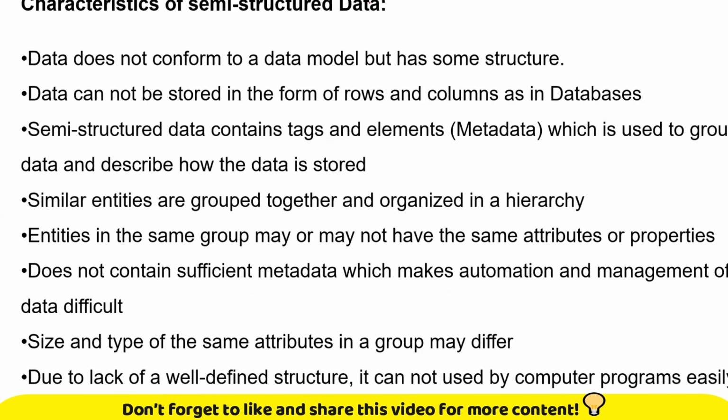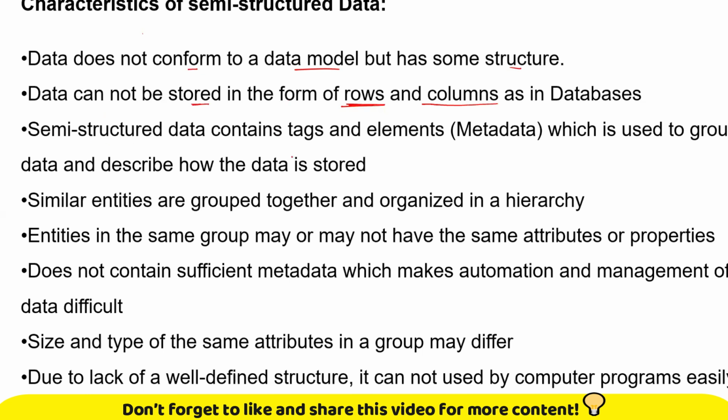Now, the characteristics of semi-structured data. The data doesn't conform to a data model, but has some structure. The second characteristic is that data cannot be stored in the form of rows and columns, so we cannot have a standard row and column format like the tabular structure in databases.